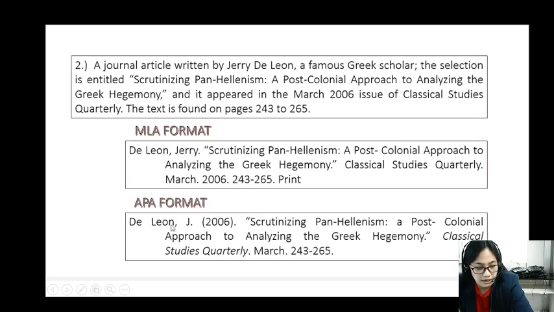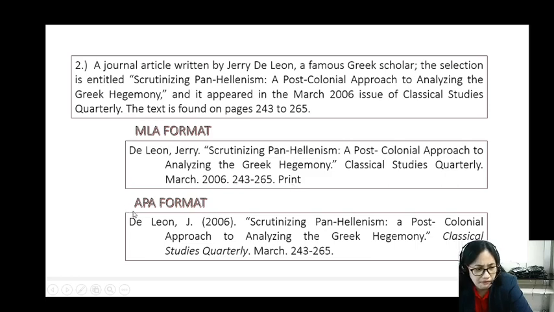The first is the author, the title of the article or the composition or the essay, and then where you can find it: Classical Studies Quarterly, the month it was issued, the year it was issued, the pages where you can find it, and the mode, which is print.